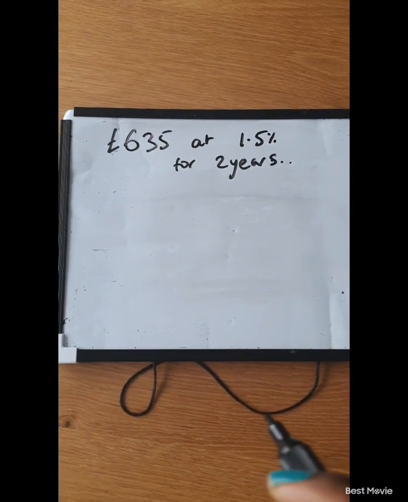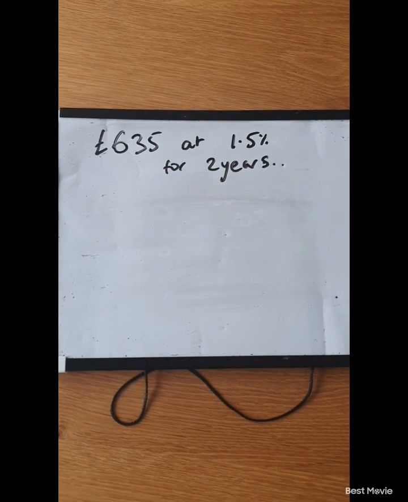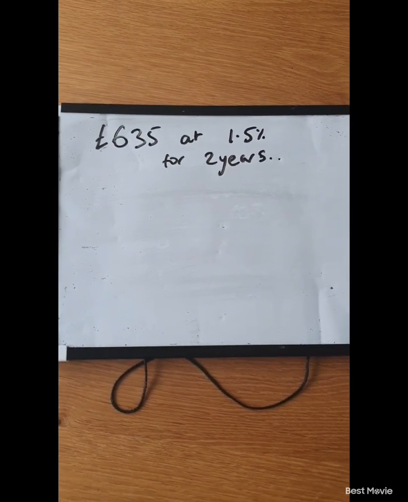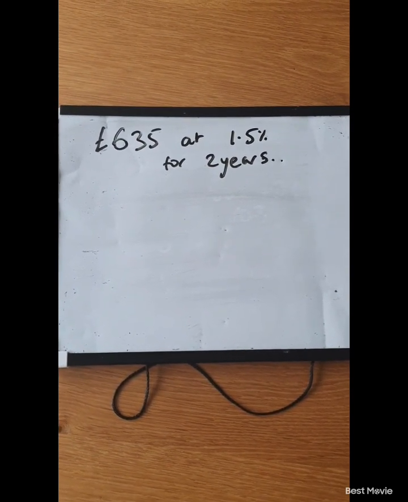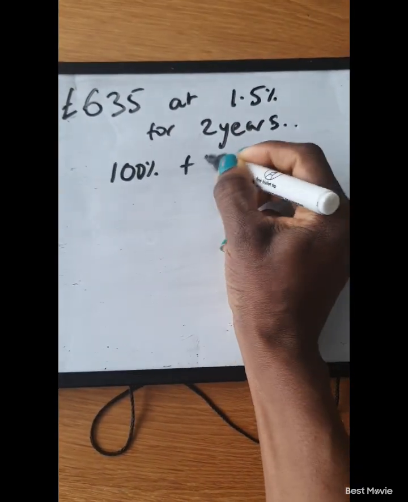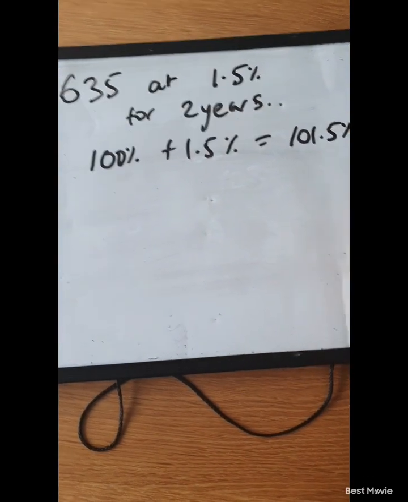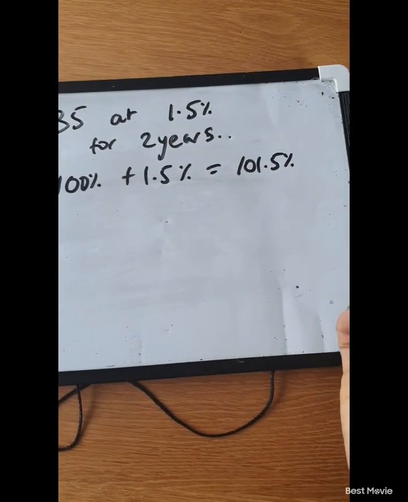Another example would be £635 in your account, and after 2 years it's grown by 1.5%. Work out how much you have after 2 years. So you start with 100%, add on the 1.5%, which is 101.5%. So you need to do this to work out the multiplier.